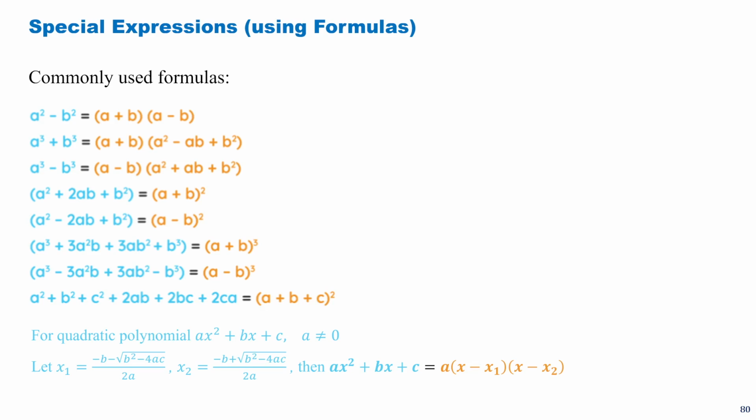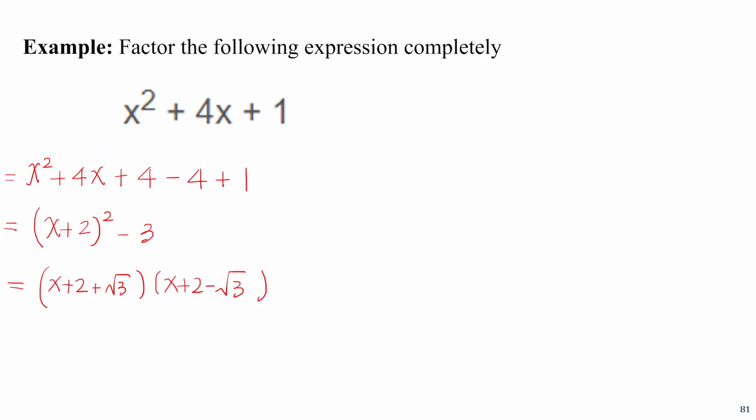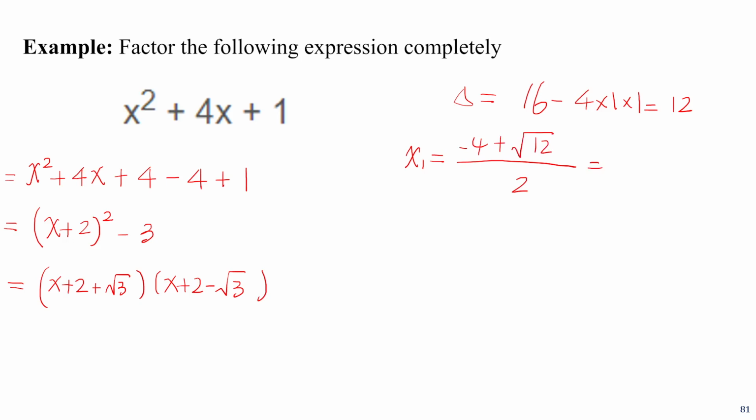So first, you can check its discriminant, delta, which equals b squared minus 4ac, which is 12, right? And then we can calculate these two zeros, which is x1 equals negative 4 plus square root 12 over 2, which is negative 4 plus 2 square root 3 over 2.